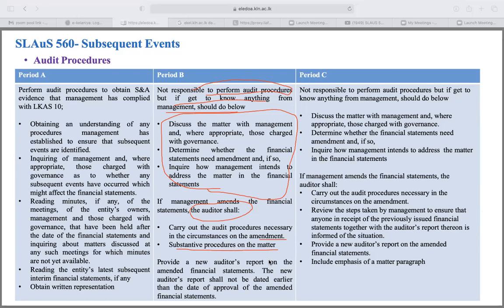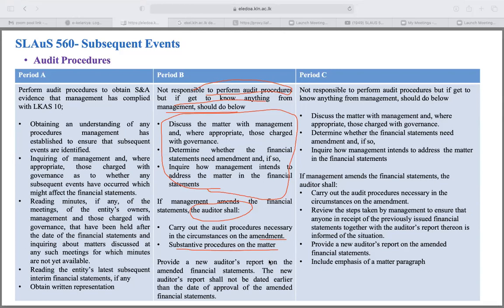Right? So in period B, as an auditor, we don't have any responsibility to perform audit procedures. If anything happens, we can discuss with the management and we can inquire with the management. And after inquiring and discussing the issue, if management decides to amend the financial statement, yes, we have responsibility to perform audit procedures to check whether that amendment is okay or not.